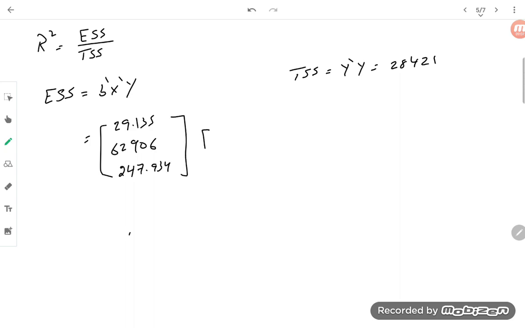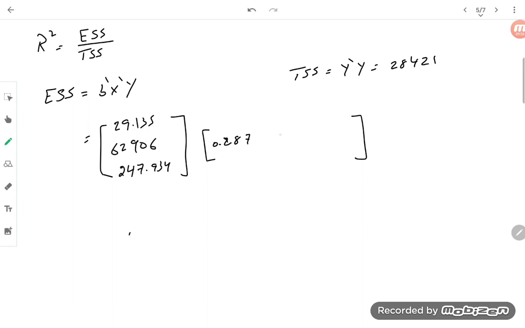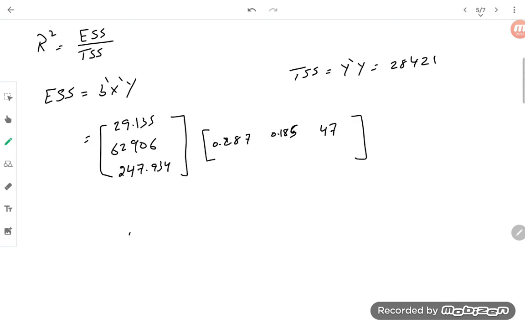This is going to be multiplied by b, which is 0.287, 0.185, and finally 47.1.